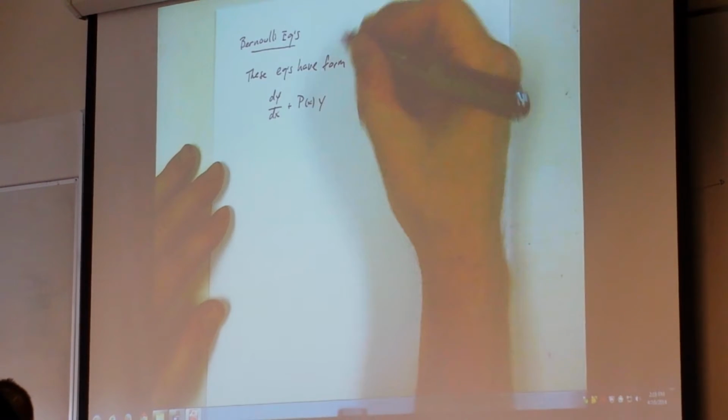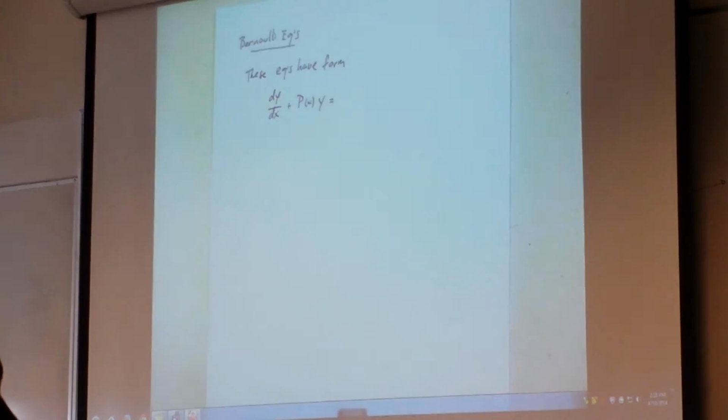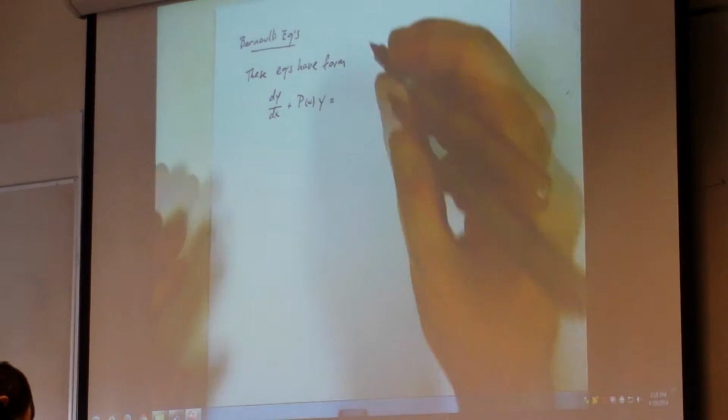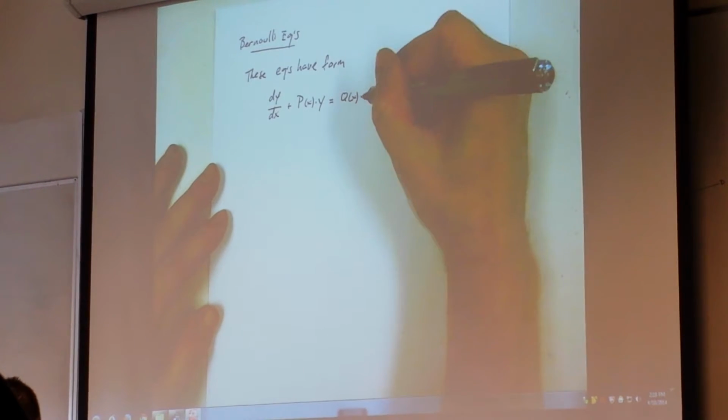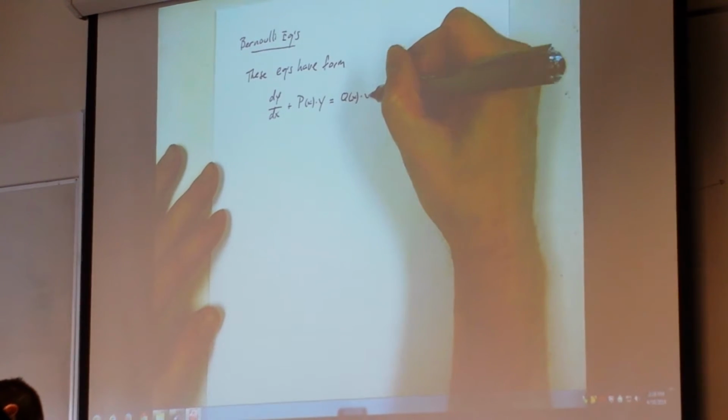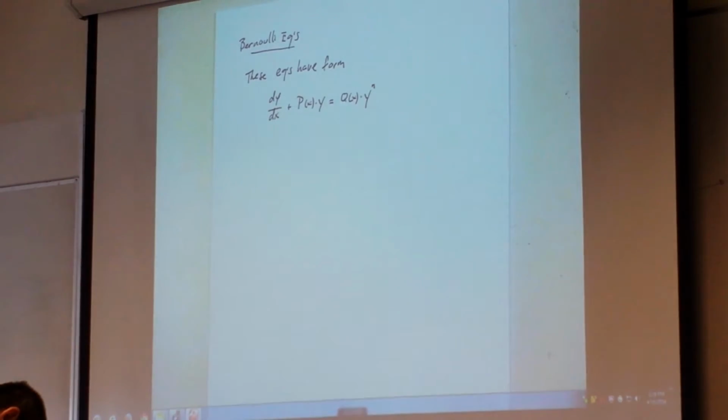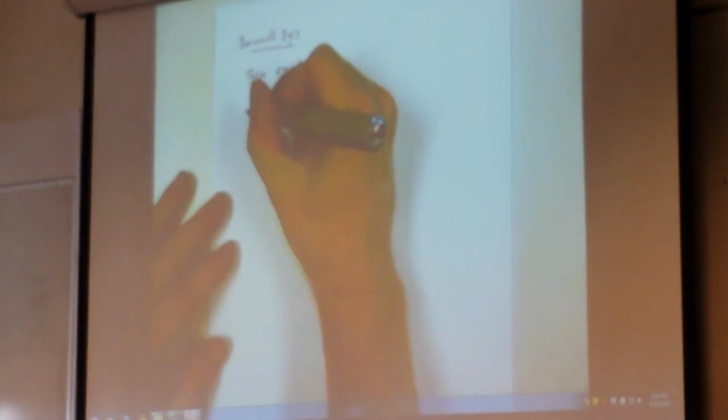I said it looks just like the form of a linear first order differential equation, except for one difference. I've got this y to the n right here. I'm going to call this equation 1.